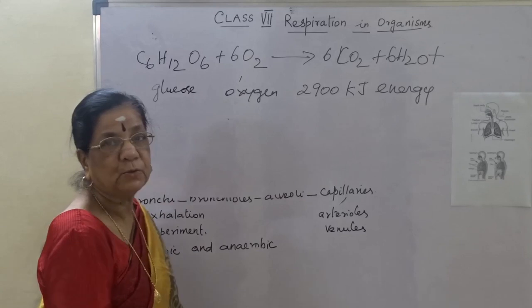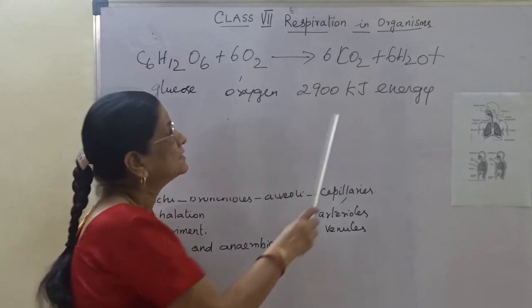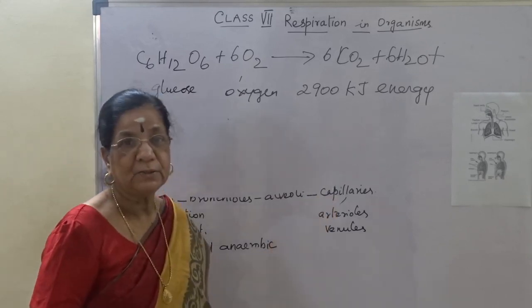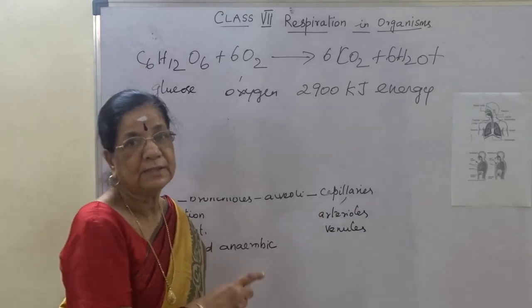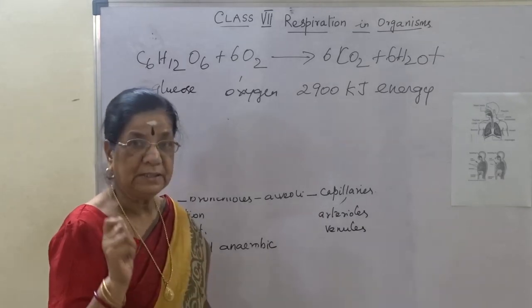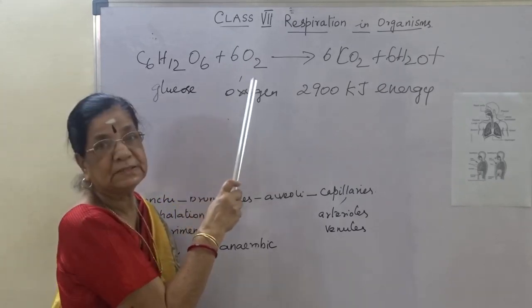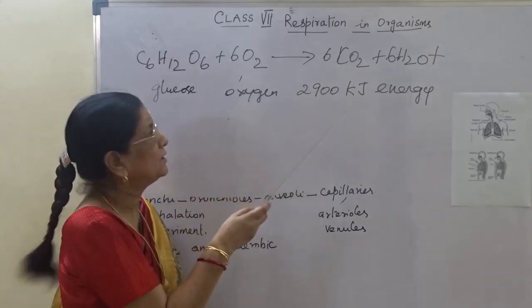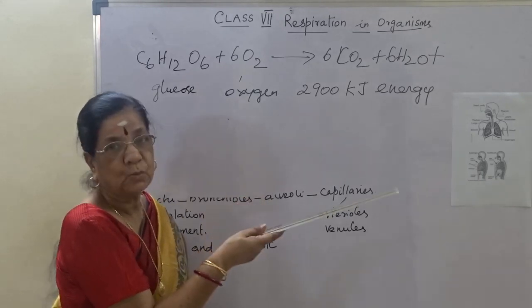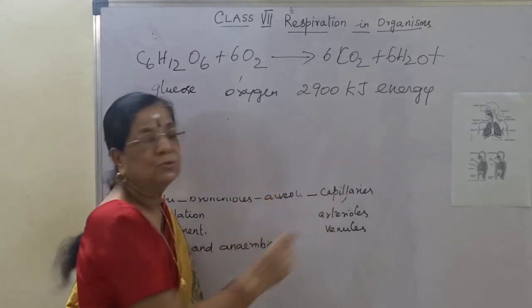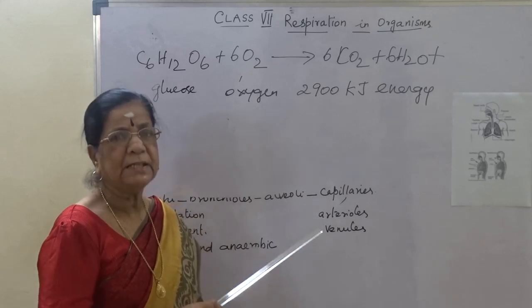That is aerobic respiration. This kilojoule is the unit of measurement for energy. Now, cellular respiration: glucose in the presence of oxygen is broken into carbon dioxide and water, made into usable energy.